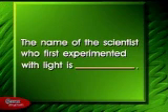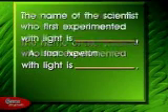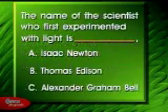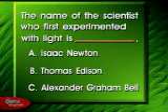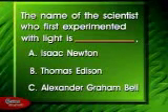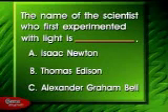If you like, you can convert this to a multiple choice item like, the name of the scientist who experimented with light is blank. A. Isaac Newton. B. Thomas Edison. C. Alexander Graham Bell.